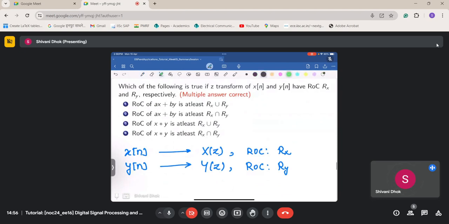So for ax plus by, the ROC is at least Rx intersection Ry. So this is a multiple answers correct question.